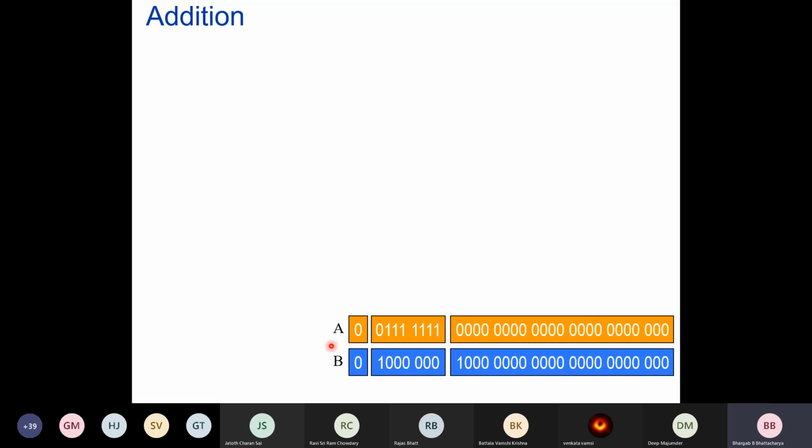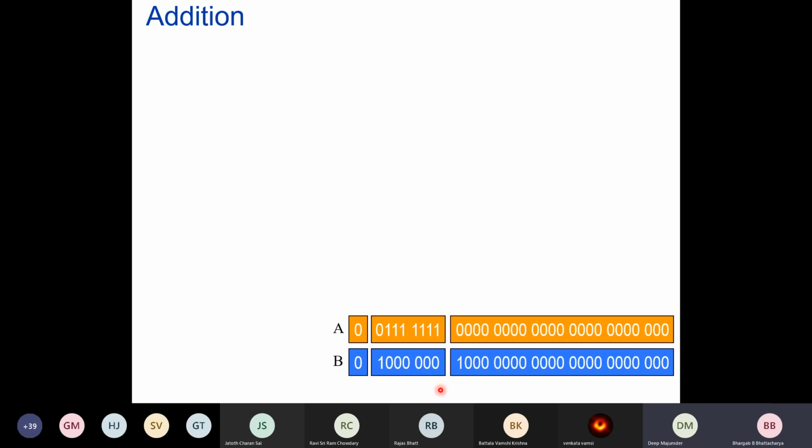So let us look into these two numbers, A and B. You see that we are in single precision. I have a number with an exponent here and an exponent here. Which one do I need to shift? Which one is the smaller exponent? A has the smaller exponent, right?